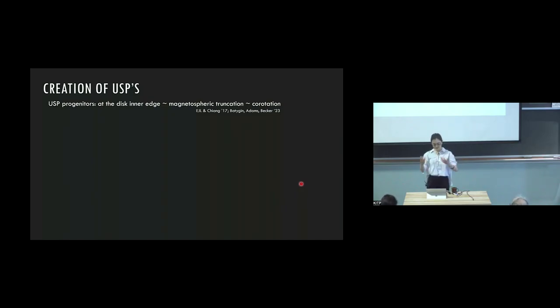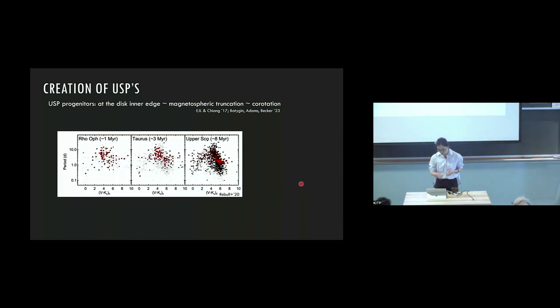Well, it's probably going to start at around magnetospheric truncation, which we often think is quite close to the co-rotation radius, which I believe Zhao has shown. It's not quite the same, but quite close. So if that's the case, then we can use the measurements of the spin periods of young stars to get an idea of what that inner edge of the gas disk may be.